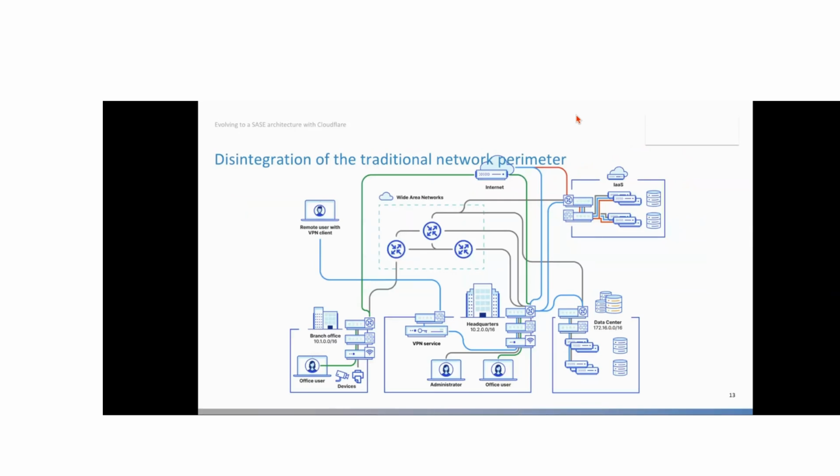But I'm not just saying, hey, use Cloudflare. I'm not. I'm just using them as an example because I use them all the time. Disintegration of the traditional network perimeter. Now, remember, I talked about this with that north-south traffic, right? It looks something like this. The only difference is we're going to have our data center here. So here's our east-west traffic, our data centers, VPN service terminations, our wide area network.